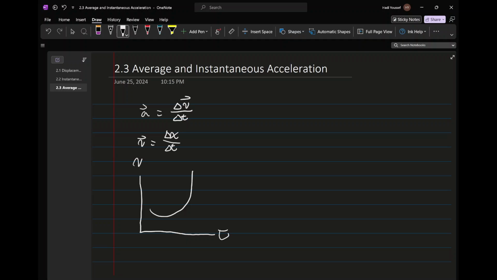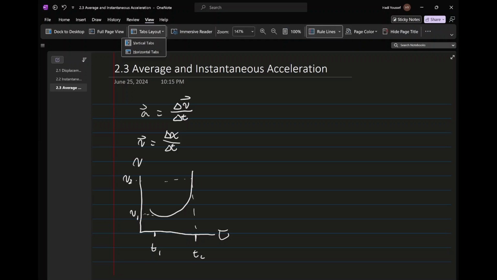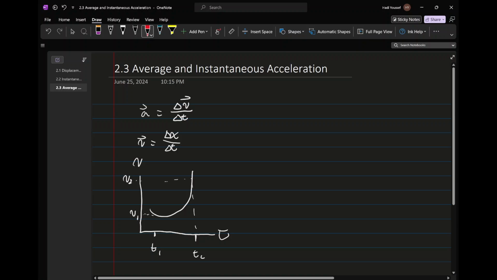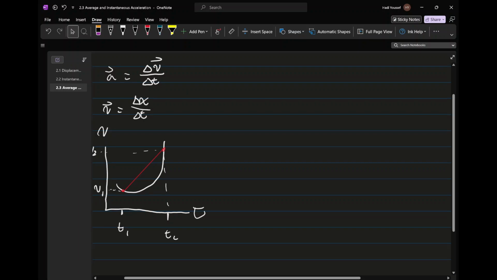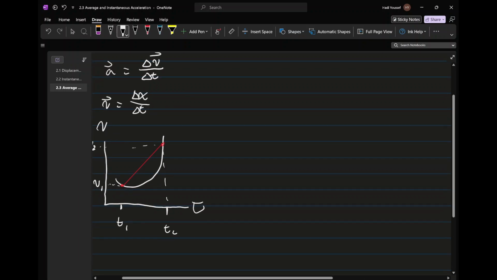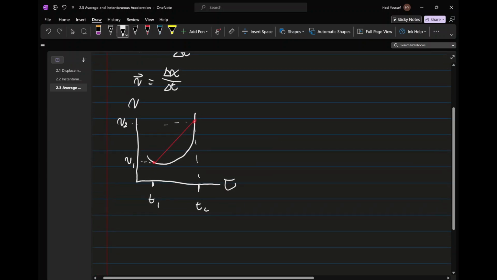If I wanted to find the average acceleration between some time t1 and some time t2, which would have a velocity of v1 and a velocity of v2, it will be the same as finding the slope of the secant line that is between these 2 points. Now then, this line is defined by rise over run, or the change in velocity over the change in time.